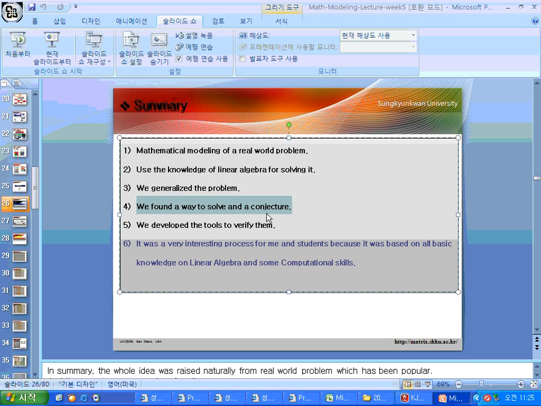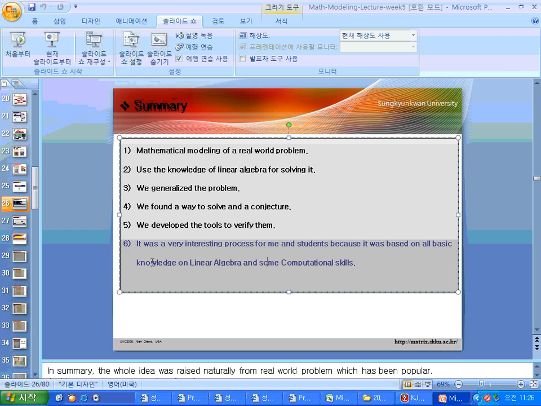We found a way to solve it and to make a conjecture, and we developed tools to verify them. It was a very interesting process, not only for myself, but also for the student who raised the question and made contributions. All of the students involved in this learning process made their names on the papers published in this line of research.